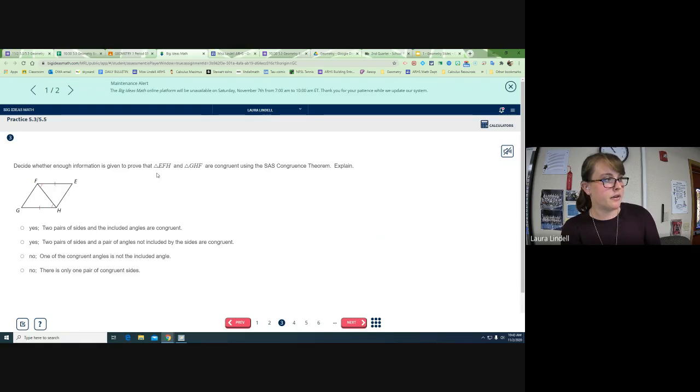Then we want to make sure and double check the congruent statement, make sure it works out. EFH and GHF, those are talking about the same corresponding part, so we're good there. So we would say yes, two pairs of sides and the angle in between them, the included angles, are congruent.